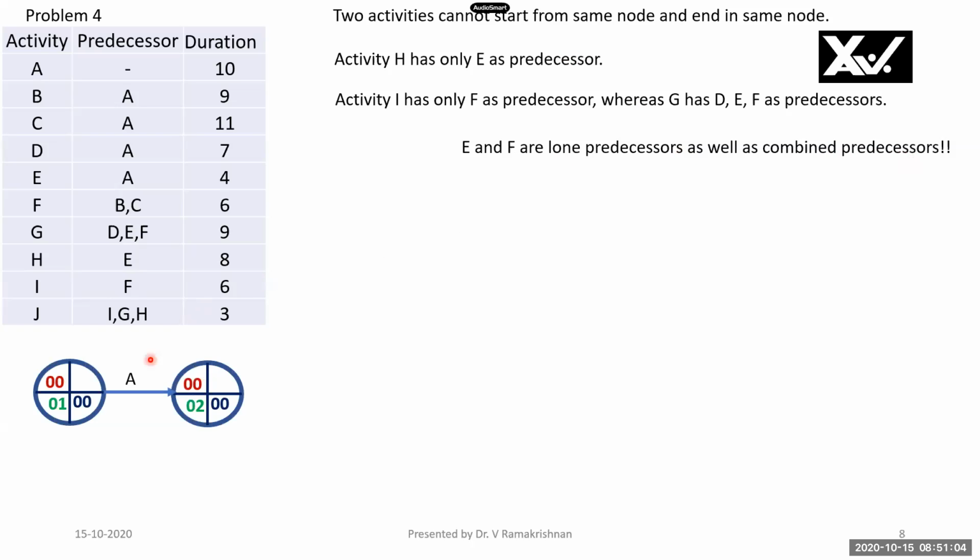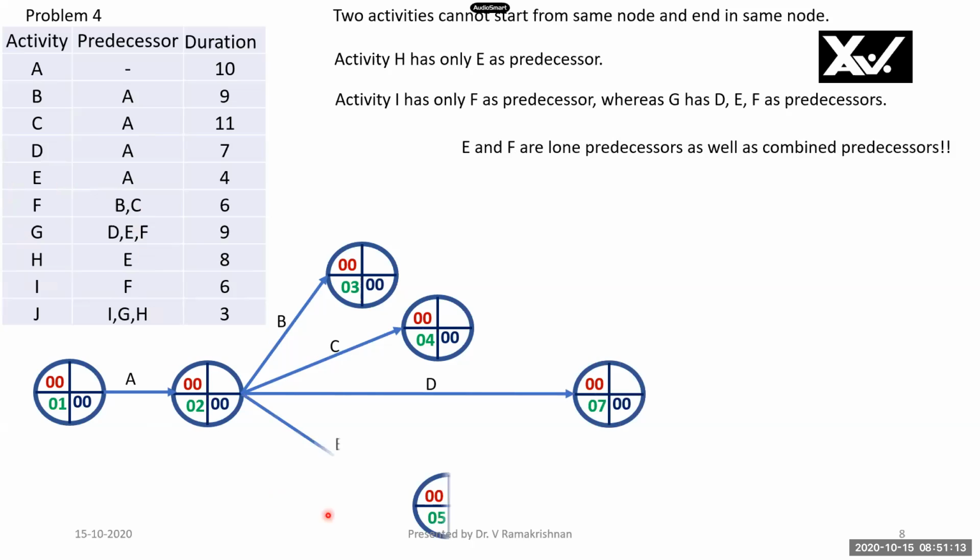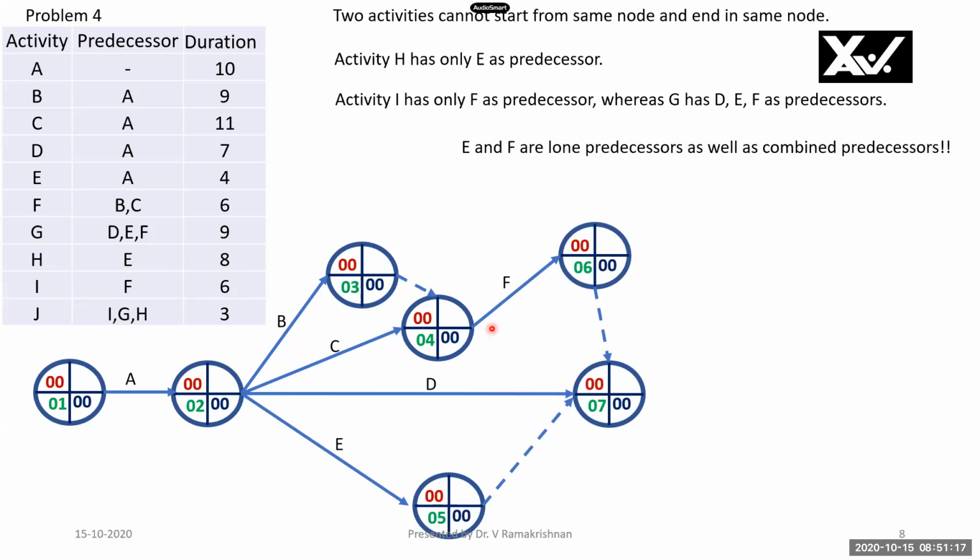From this, A is a starting activity. B, C, D and E all have predecessor A. We have shown this. Now F has got predecessors B and C. Therefore, I use a dummy activity here.